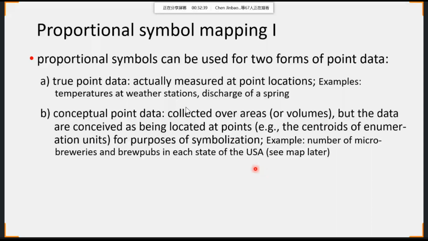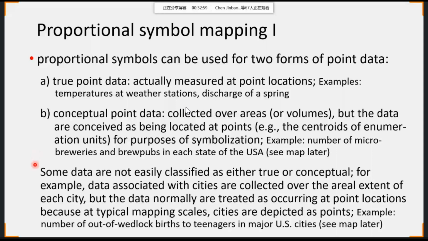There are many examples for this. One is the number of microbreweries and brew pubs in each state of the USA, because this is one of the examples used in this chapter. Some data are not easily classified as either true or conceptual.